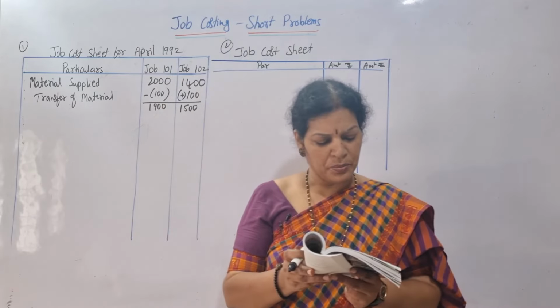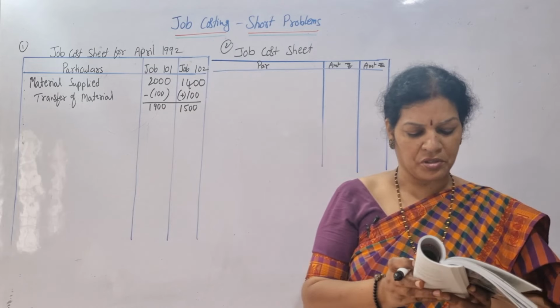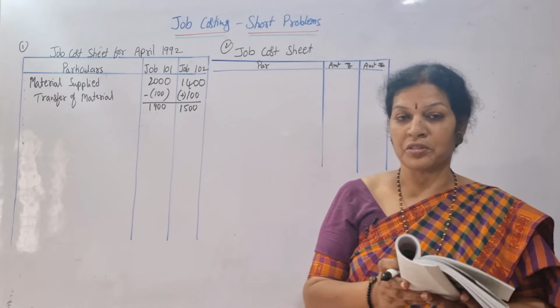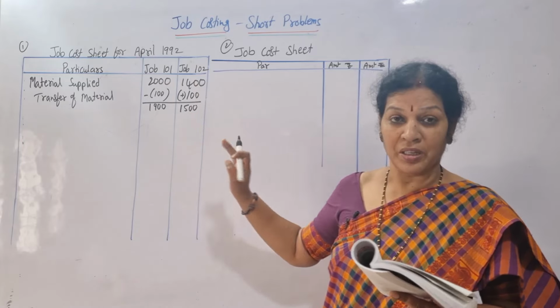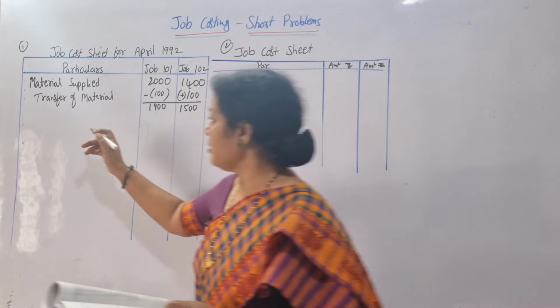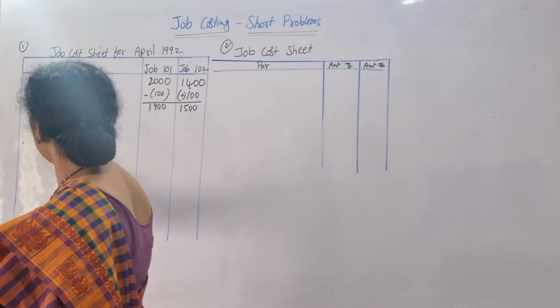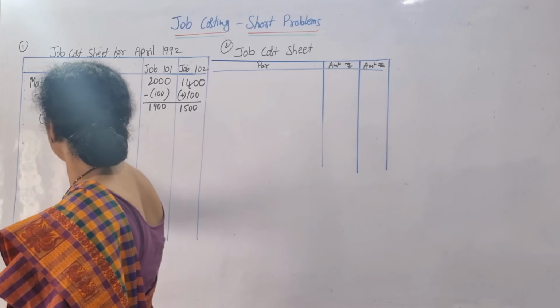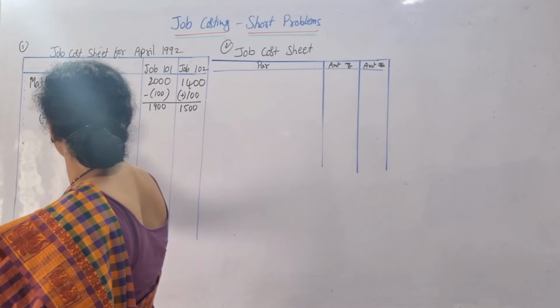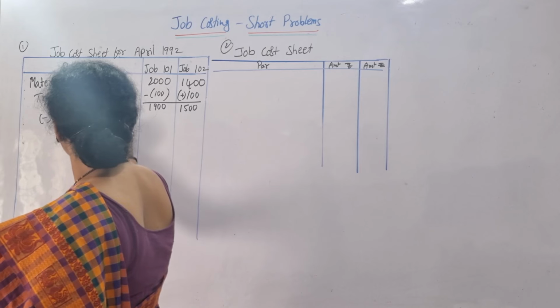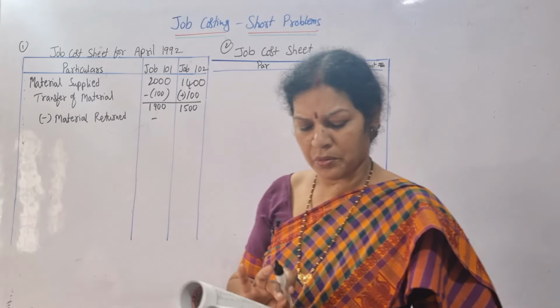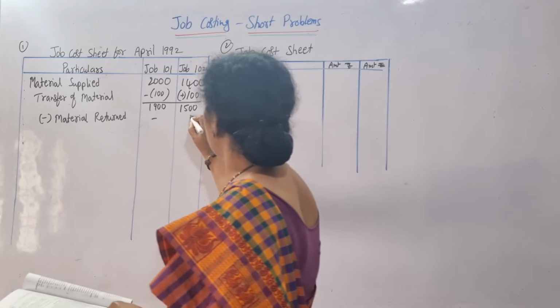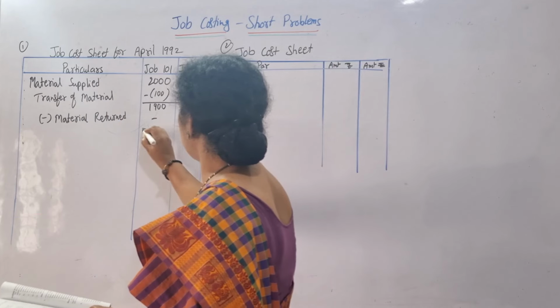There is another adjustment. Material returned to stores. Return to stores means material got decreased. Which job number? Only for job number 102, it is 50 rupees material is returned.